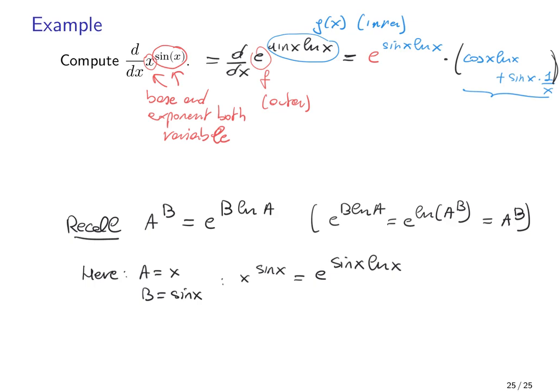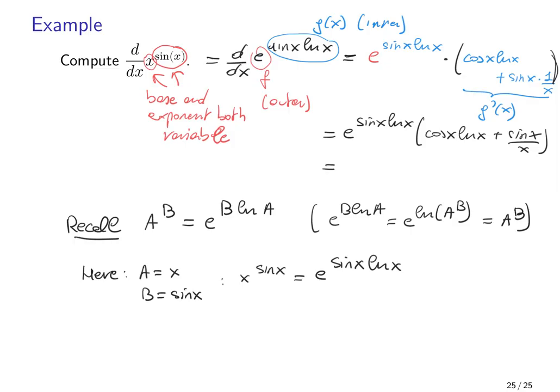This whole thing here is g prime of x. So now let me abandon the colors one more time. What we have is e to the sine x ln x, and then cosine x ln x plus sine x divided by x. And we can do one more simplification.